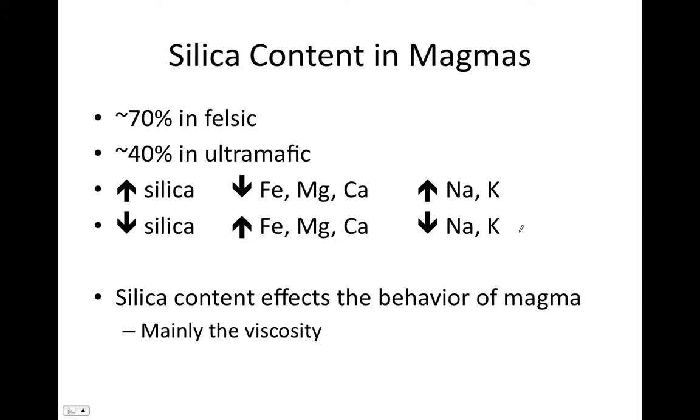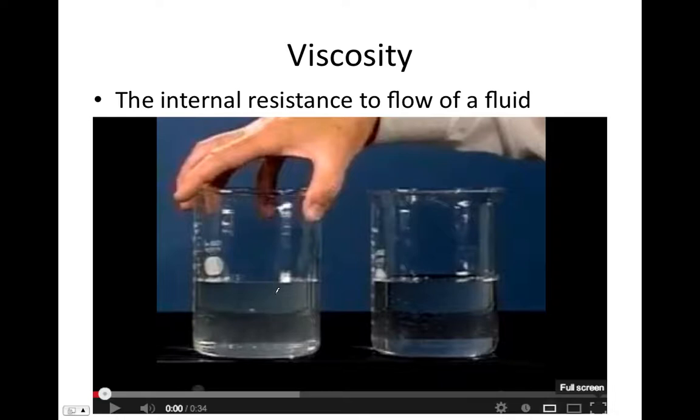And the amount of silica in the magma influences the behavior of the magma, mainly its viscosity. So what is viscosity? Well, if you're not familiar with viscosity, viscosity is the internal resistance to flow of a fluid.